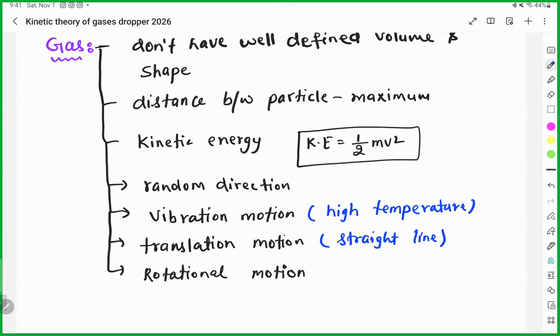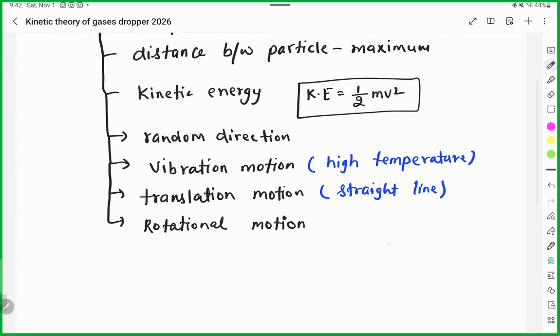Arpit, if you calculate total kinetic energy, what will be the components in the total kinetic energy? There will be two motions, translation motion and rotational motion, correct? Straight line and rotation.